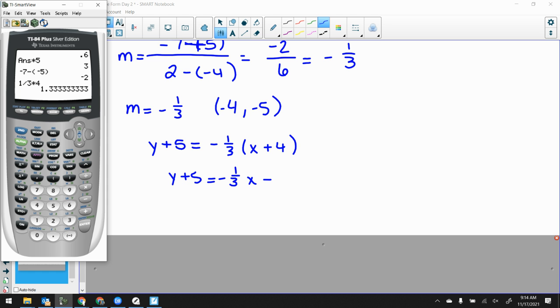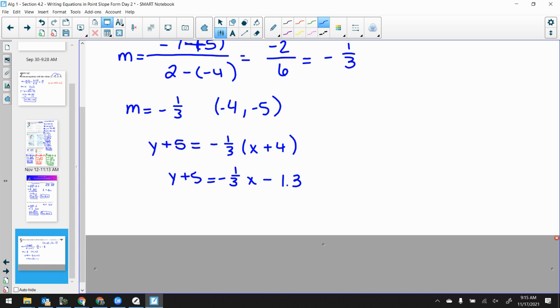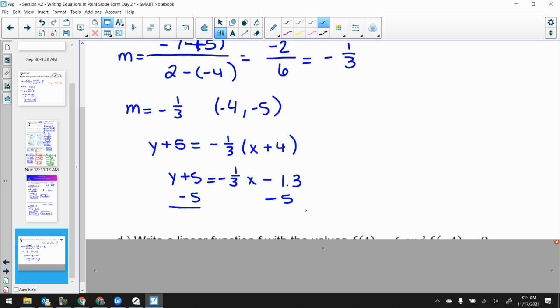That is 1.3. I can put this as a decimal because that's going to end up being my y-intercept. Could I have put my slope as a decimal? Definitely not. But because this is my y-intercept, I don't mind.